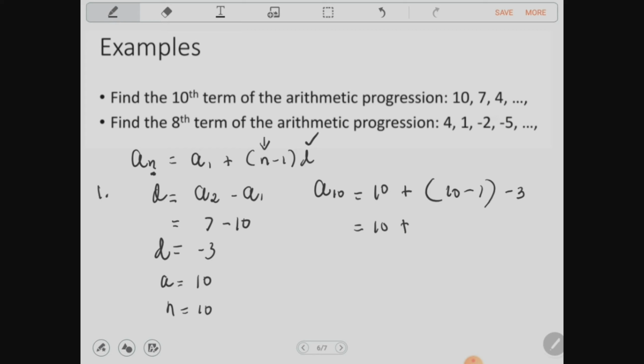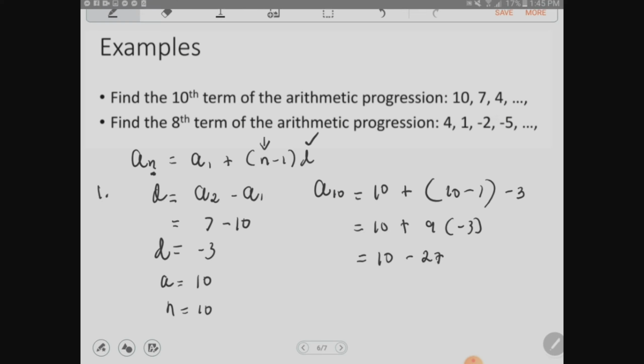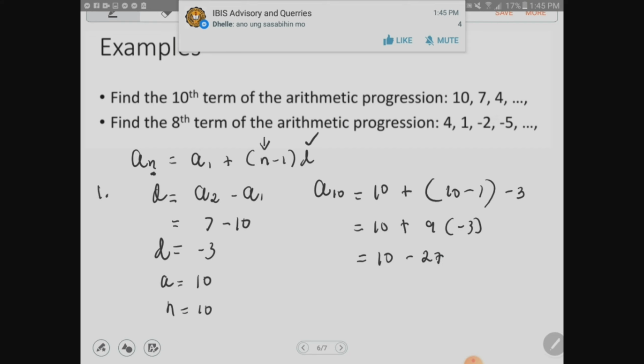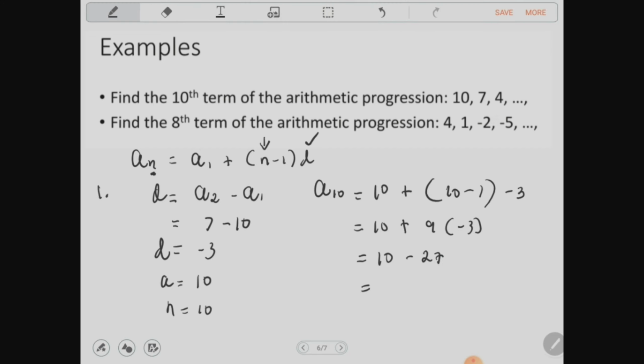A sub 10 is equal to 10 plus the quantity of 10 minus 1, which is 9, times negative 3. So we have 10 plus negative 27, which is equal to negative 17. Therefore, the 10th term of our arithmetic progression 10, 7, 4 is equal to negative 17.